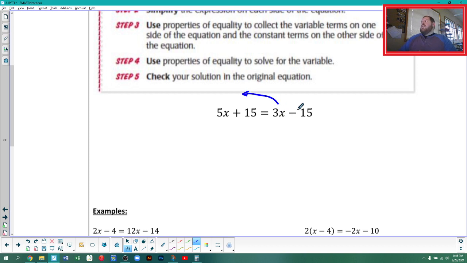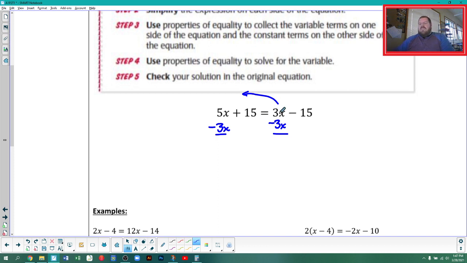Step 3 is then going to be, I want to move one of these variables to the other side. When I move things to the other side, I undo them using addition and subtraction. So I'm going to move this 3x to the other side by subtracting 3x from both sides. You can't just say I'm going to pick that 3x and move it over there.